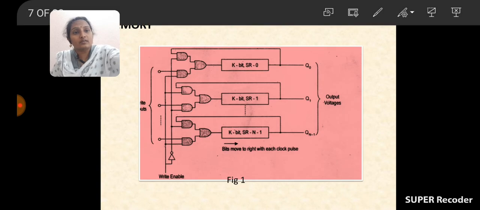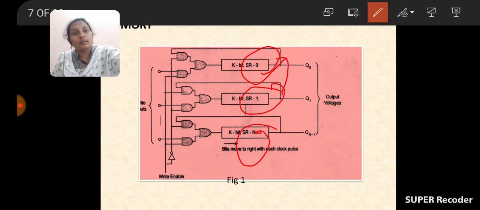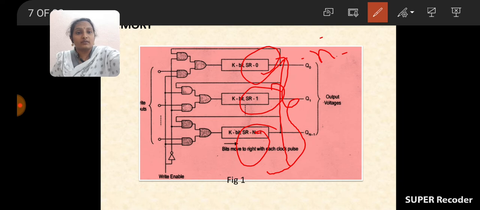And how many SR flip-flops are used here? N number of SR flip-flops are used here. And for providing the accessing, gates are also used.